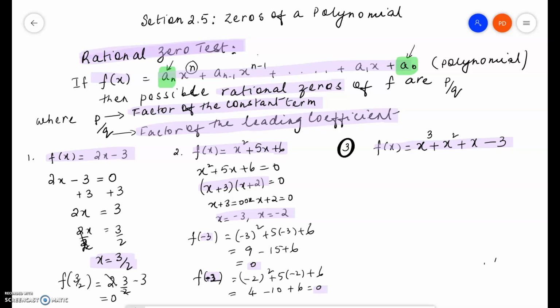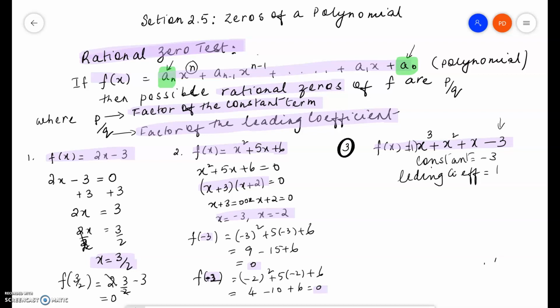Now, in this example 3, the constant is -3 and the leading coefficient is 1 because it's just x cubed, so it's 1 times x cubed.